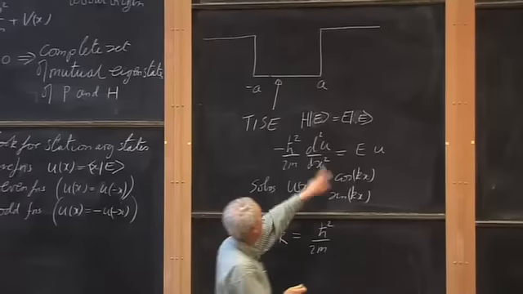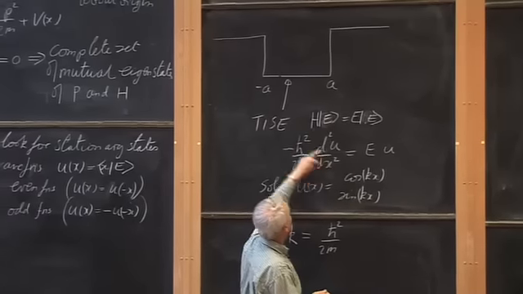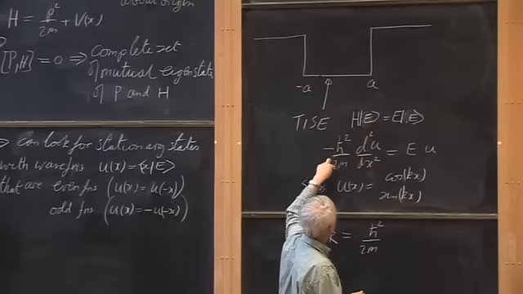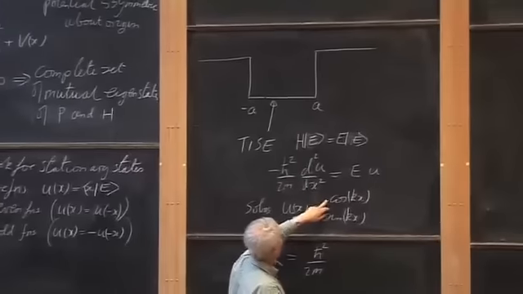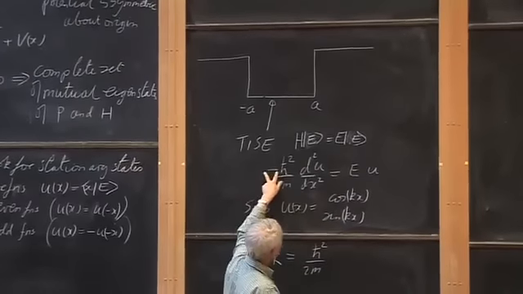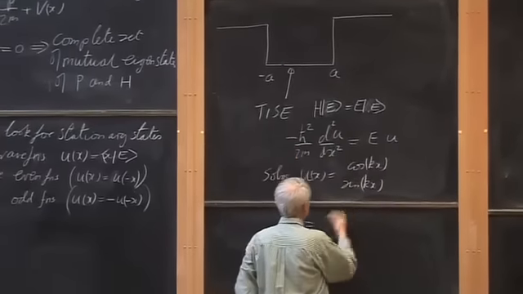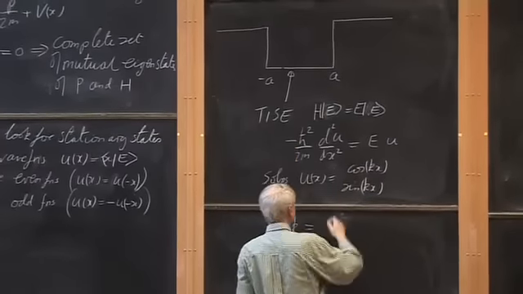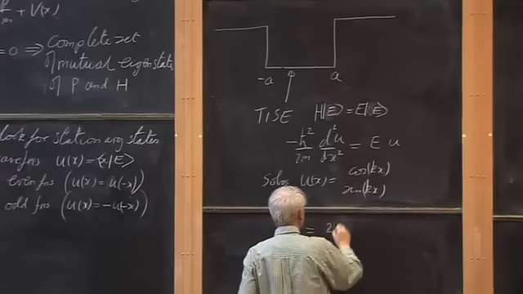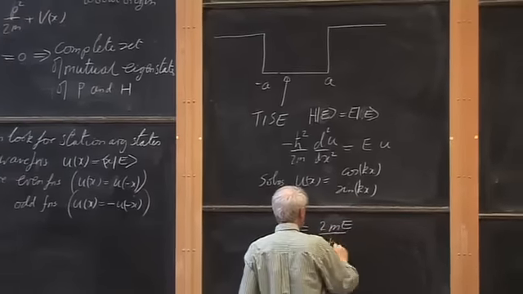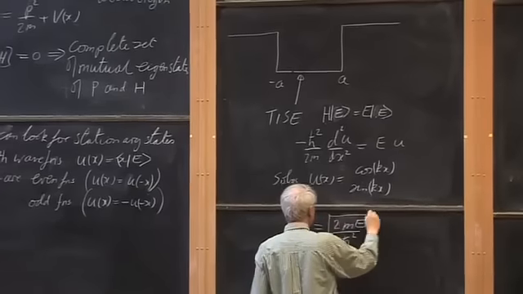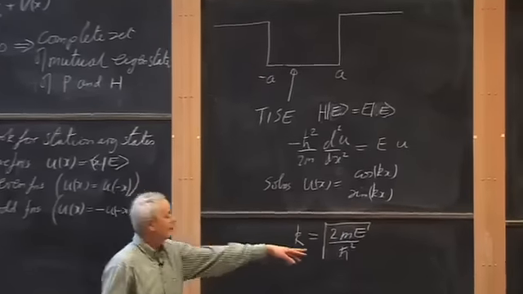Sorry, the double derivative is here. Excuse me. So when we double differentiate, we'll get minus h bar squared k squared over 2m. We'll get a minus coming from the differentiation, which will cancel this, and we will have that k squared is equal to 2mE over h bar squared. Square root. Well, k is that.